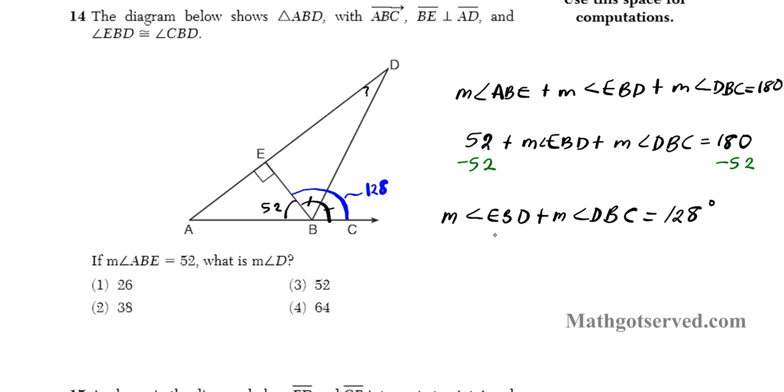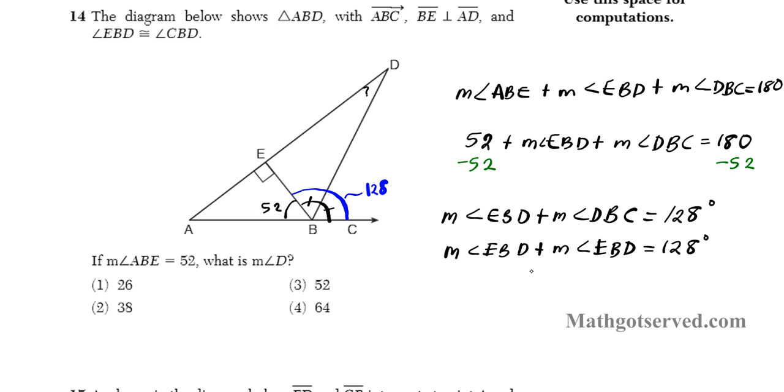I know that these two are congruent, so I can say the measure of angle EBD plus the measure of angle EBD itself, since I made a substitution of EBD for DBC because they're congruent, equals 128.